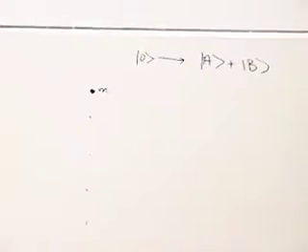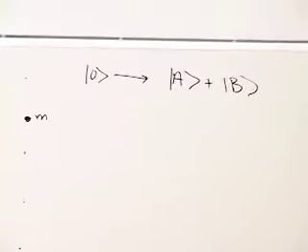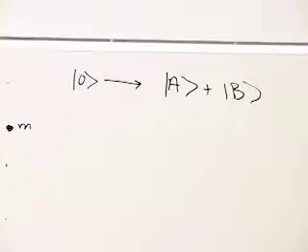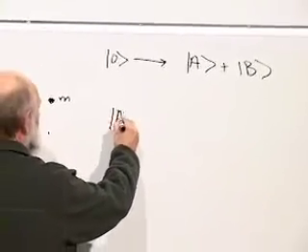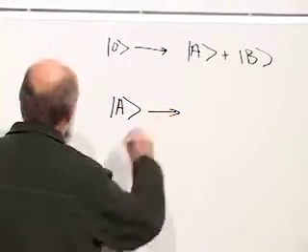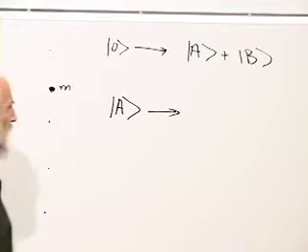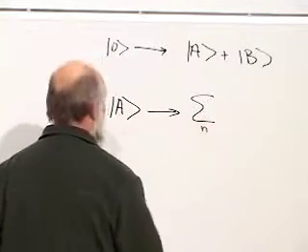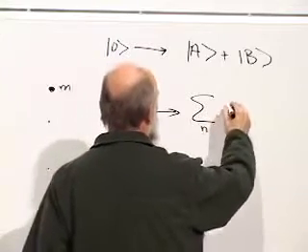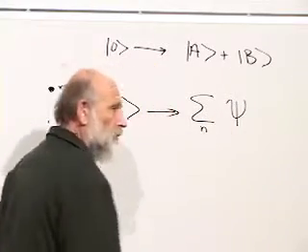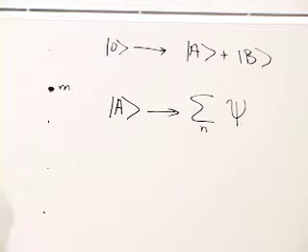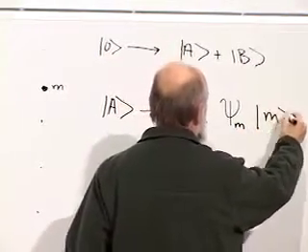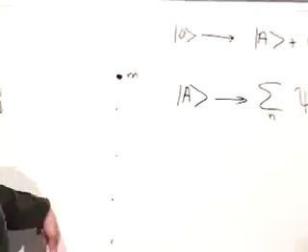Now, if it gets to A, it then moves on to the screen here. So we can say that A evolves into some arbitrary superposition, nothing special, a sum on m of some coefficients which represent the probability amplitudes, psi sub m, of the electron now being at the mth place.